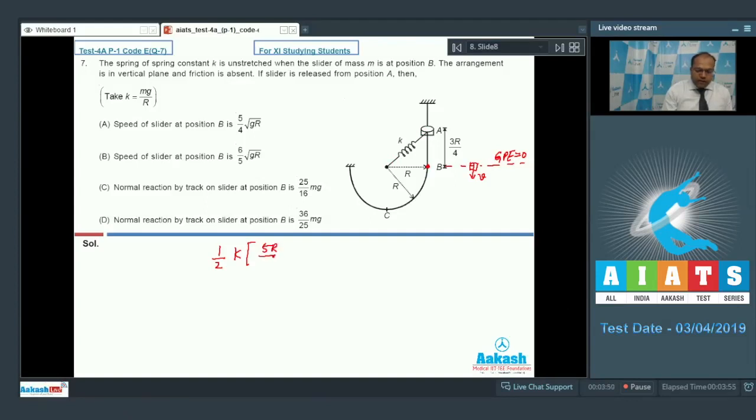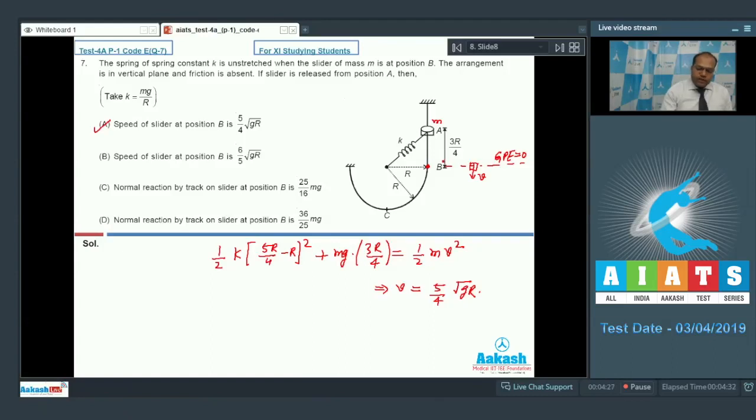So half k into (5r by 4 minus r) square plus mg, if m is the mass of the slider, into its height from the frame, that is 3r by 4, is equal to half into m into v square. So if I solve this, the value of v comes out to be 5 by 4 under root of gr. So option A is correct and B is wrong.